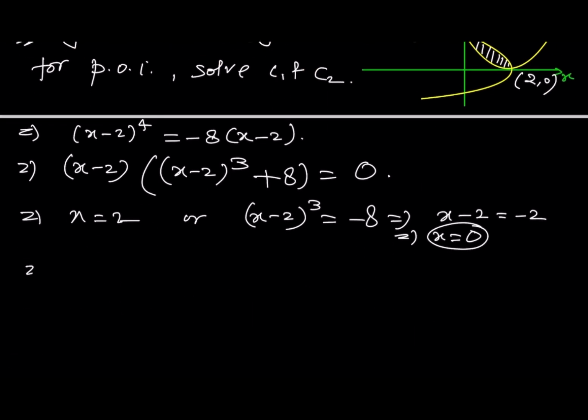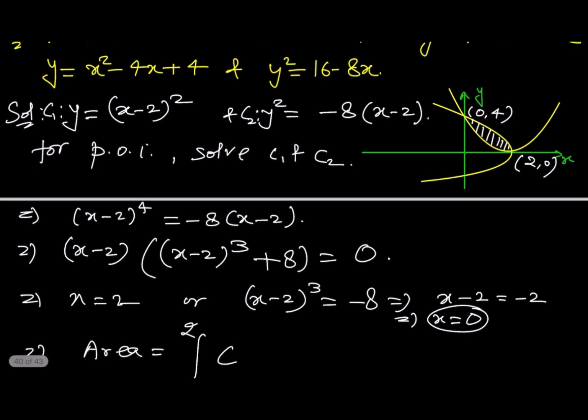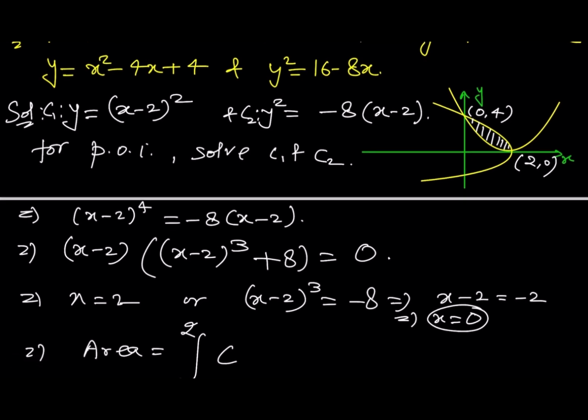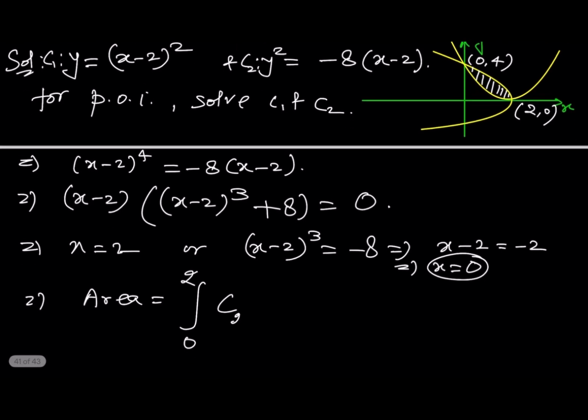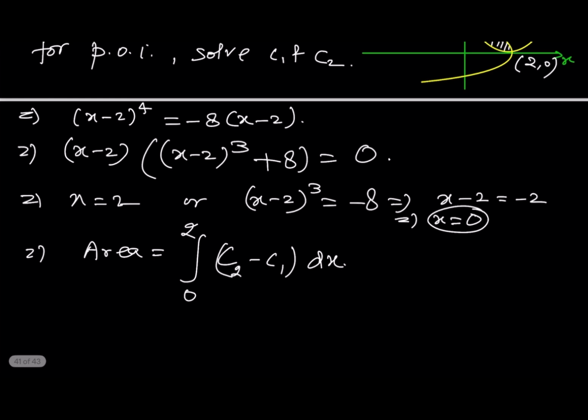So the required area will be the integral within the limits 0 to 2 of upper curve minus lower curve, and the upper curve is this C2, so C2 minus C1 whole dx, right? So this is one way.